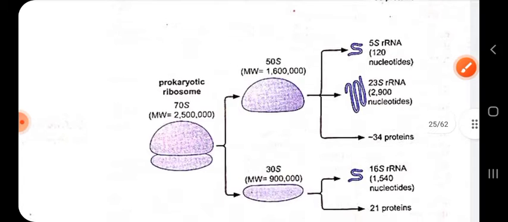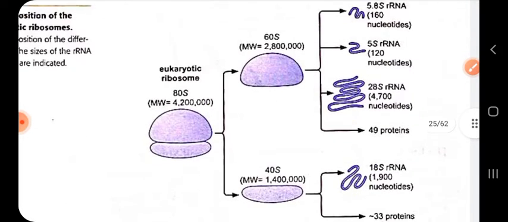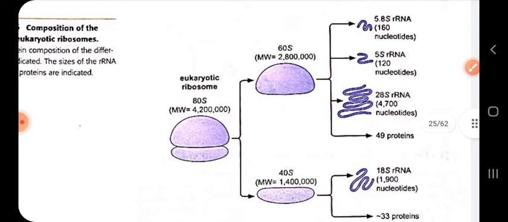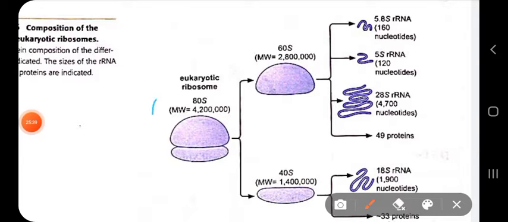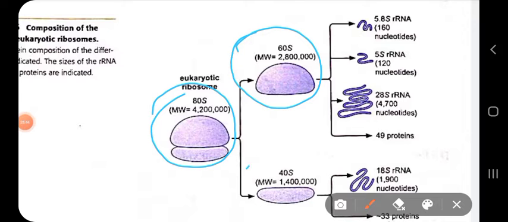Well, let us see now the eukaryotic ribosome. So this is the eukaryotic ribosome. Eukaryotic ribosome is known as 80S. It is divided into large ribosomal subunit 60S and small subunit 40S.